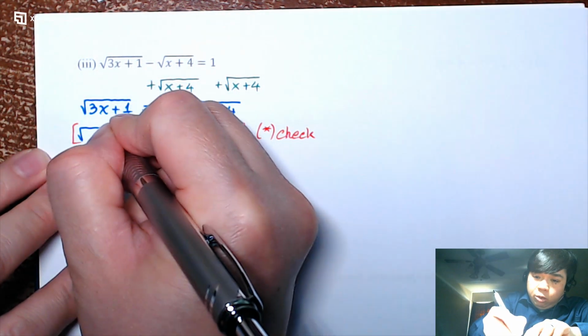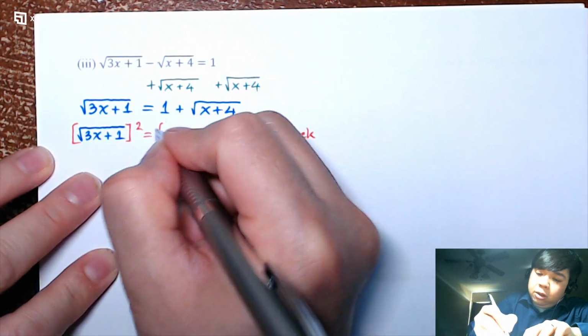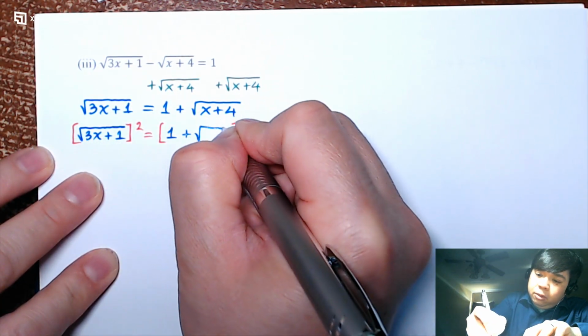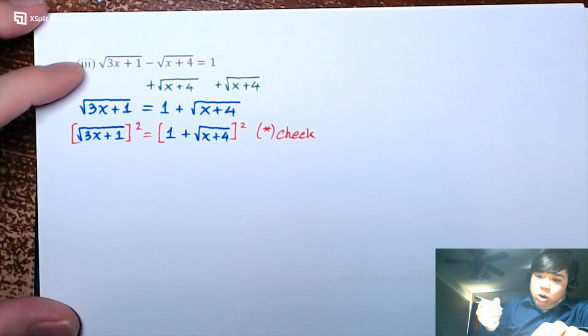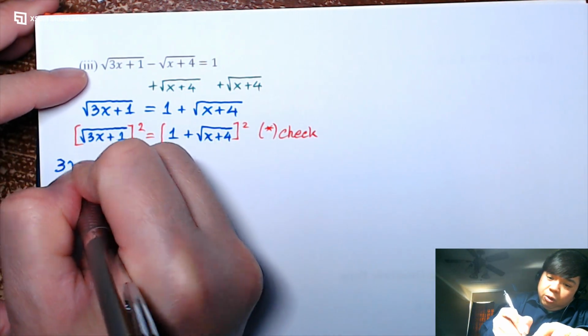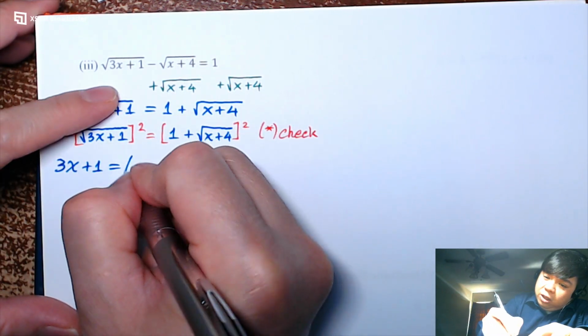So square root of 3x plus 1. Squaring undoes the square root, so the left hand side is simple, 3x plus 1. The right hand side we still have the square root.